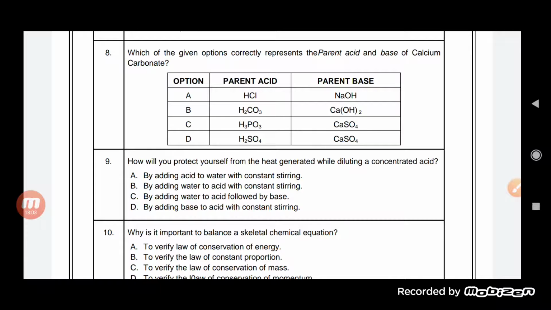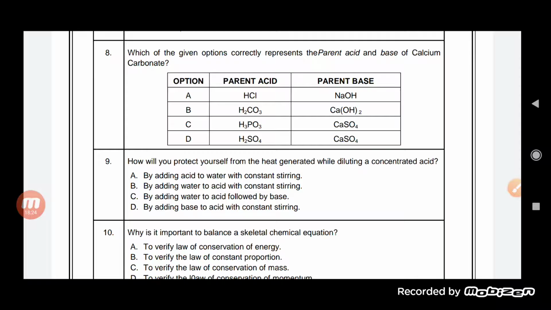The next question is, which of the given options correctly represents the parent acid and the base of calcium carbonate? Parent acid, hydrochloric acid, and parent base is sodium hydroxide. Obviously this is not the base of calcium carbonate.